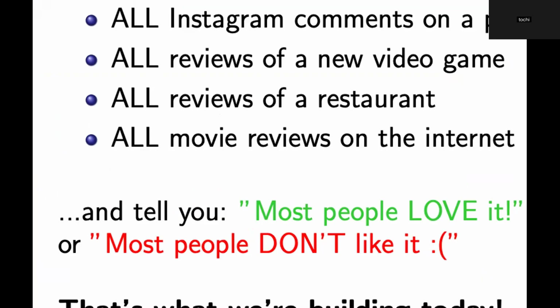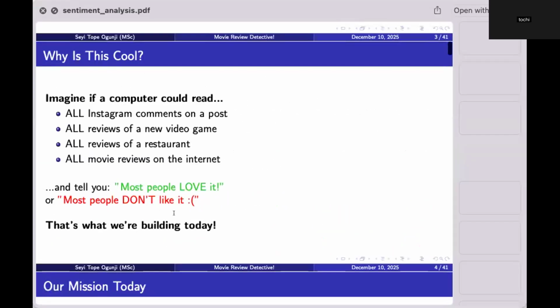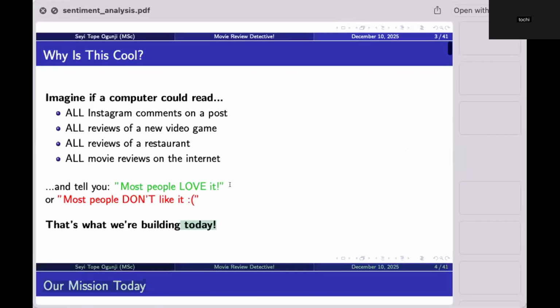What do you mean? What is it? What do you mean by if I saw that's what we're building today? I said, did you see that on your screen? No. Okay, so you only saw all movie reviews on the internet, right? Yeah. Okay, I see. So let me do something then.